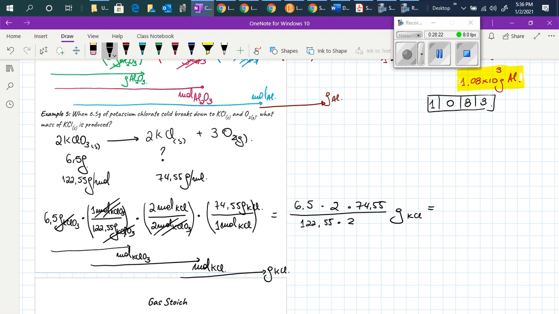When you perform those calculations, you should have as your final answer 4.0 grams of KCl. This is the first part of the second lesson. Since it is too much, I'm stopping here, and we can continue with the second part and the third part.